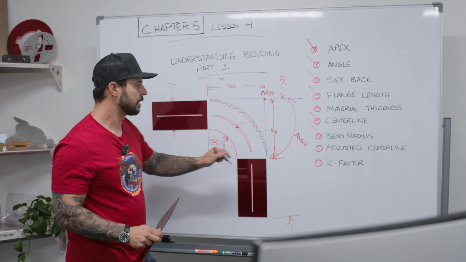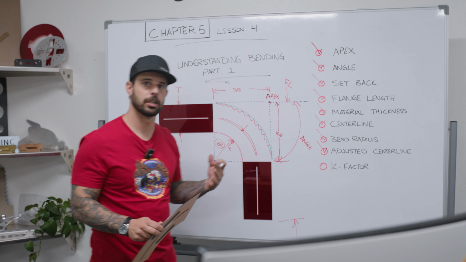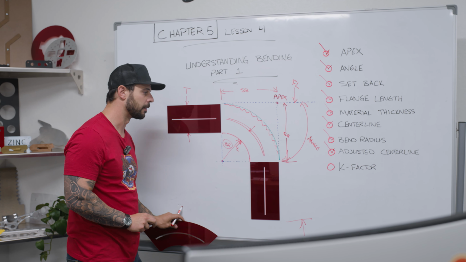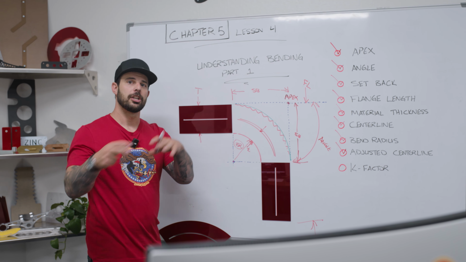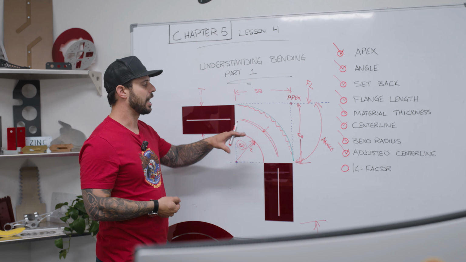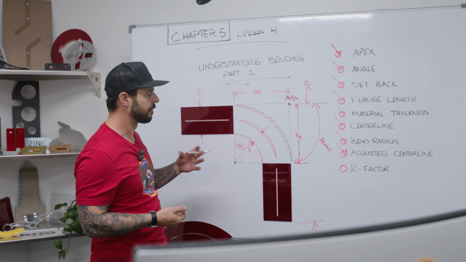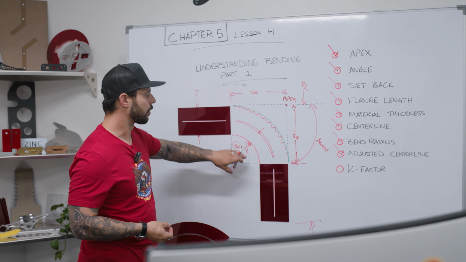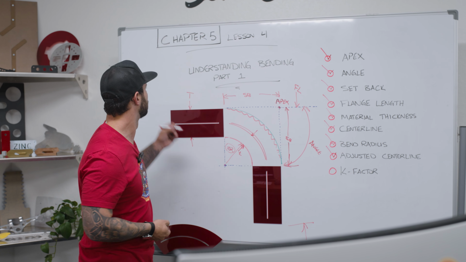Now that adjusted centerline is going to be used in our K factor, which is our last key term of this lesson. K factor is not necessarily a measurement, but it's a ratio which we use to describe the amount of elasticity, the amount of stretch that we have in these parts, or that material that you're using. Now the K factor is an easy equation.